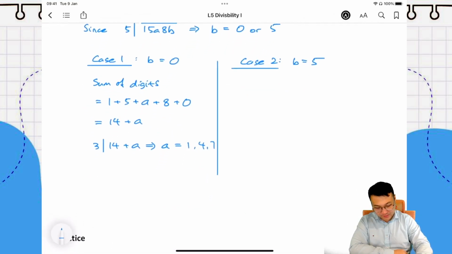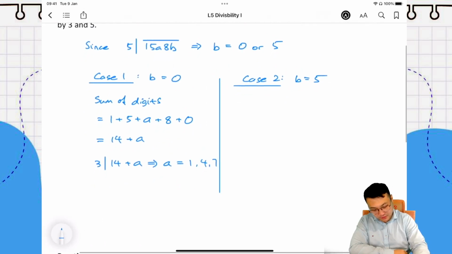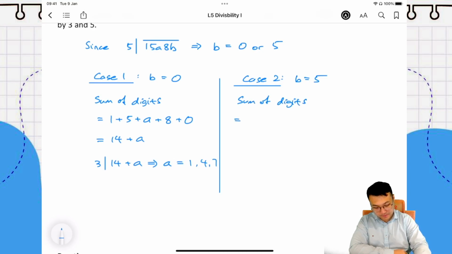Now let's look at if B equals 5. Let's find the sum of digits. Okay, what is the sum of digits? 1 plus 5 plus A plus 8 plus 5. Yes, and what do we get?